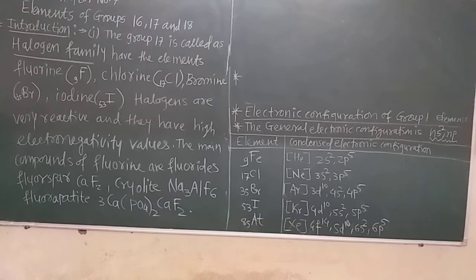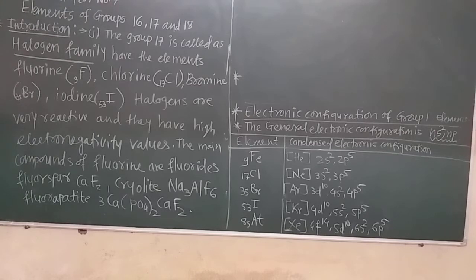The electronegativity of all the halogens is very high; they are the most electronegative elements, and fluorine is the most electronegative, with an electronegativity value of about 4. After that comes oxygen, and then chlorine, bromine, iodine, and astatine. Astatine is also a radioactive element in this family.